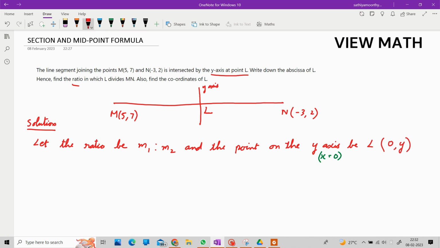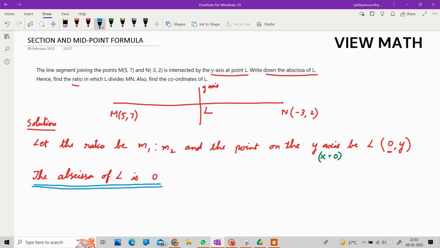Now abscissa of L they are asking us to find out. Write down the abscissa of L. So what is the abscissa of L? The abscissa of L is 0. So the first part we have found out, the abscissa of L is 0.